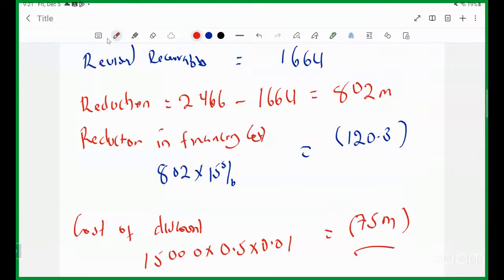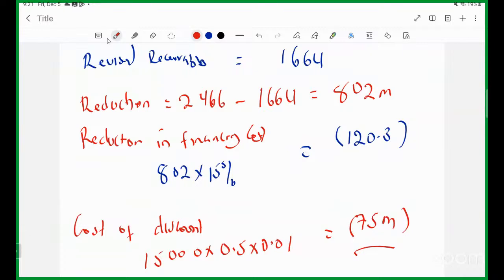Anyway, by the way, it's very interesting how you can analyze this. You see, there was a reduction in financing, which was 120. But why do you think we have the reduction? By the way, coming to realize, reduction is a benefit.